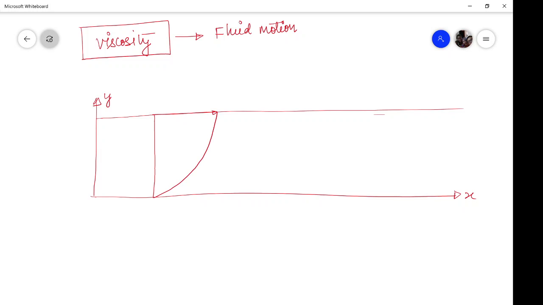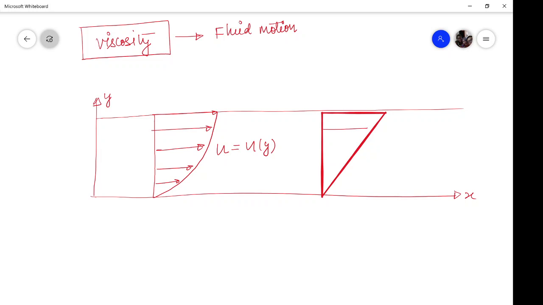This is a typical one-dimensional profile. That means I am assuming that velocity variation in this domain is a function of y only. If I move a certain distance apart, I will not be getting any distinction in the velocity variation. It will remain the same.